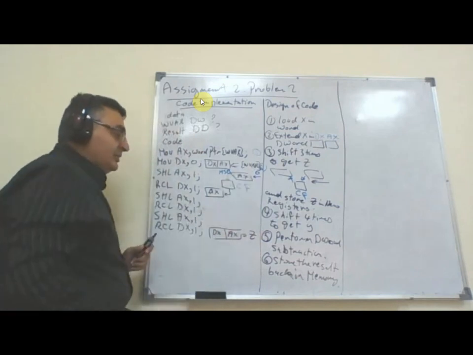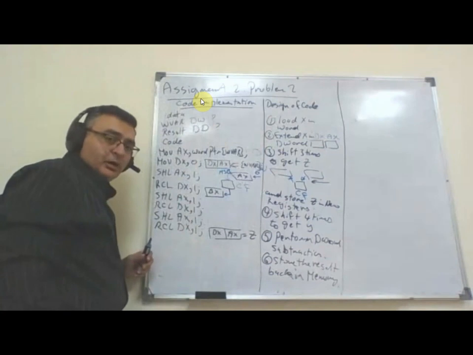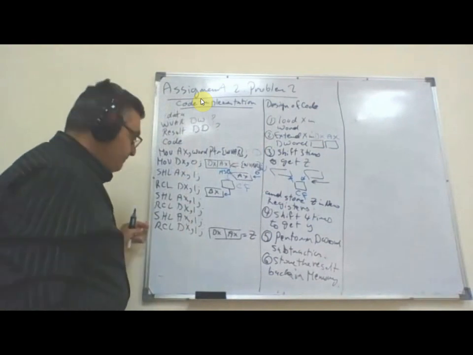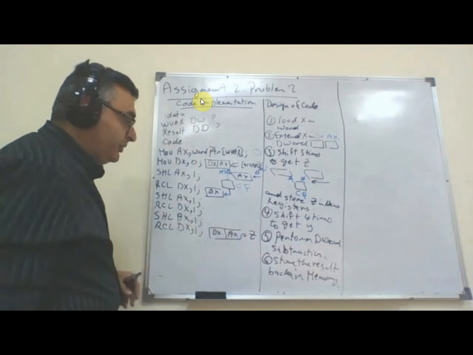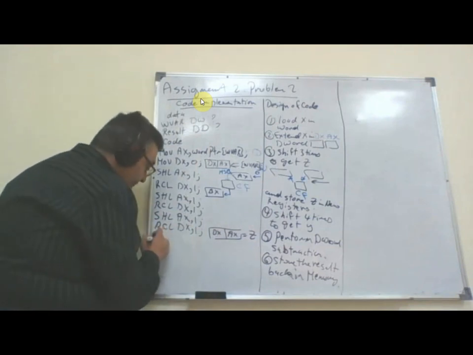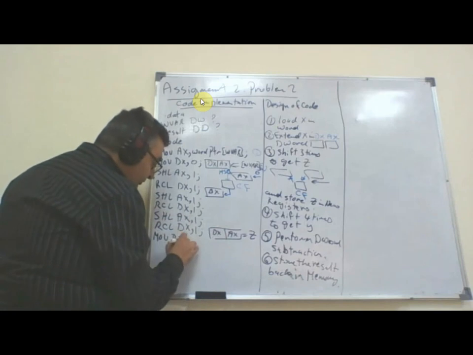And Z is basically the multiplication of the value by 8. 53 times multiplied by 8. I want to store it somewhere because I want to subtract it later on. So I will move the value of AX in register BX.